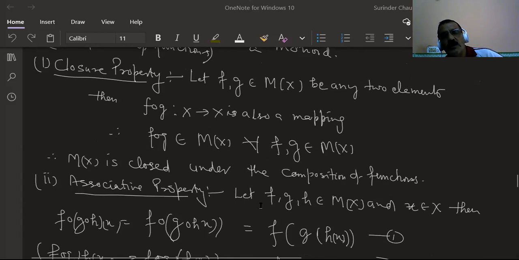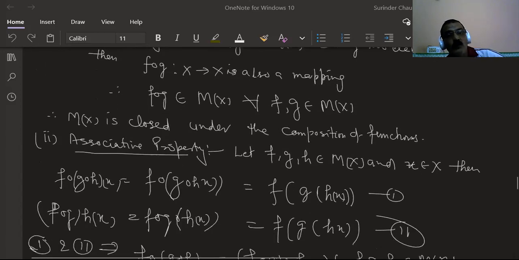Associative property. We have taken three elements f, g, h belonging to Mx, and small x belongs to X, an element of the set X. Then the composition f of (g of h) of x is equal to (f of g) of h of x, first.